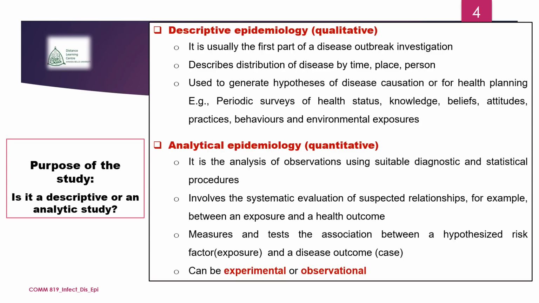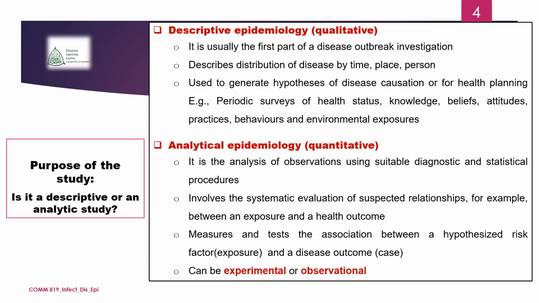So you need to first of all gather the descriptive data, then you subject it to analytical epidemiology, you follow all the steps, then based on the data you now test the hypothesis to see whether smoking actually exposes one to coronary heart failure.